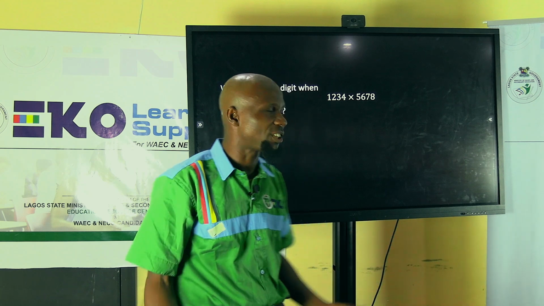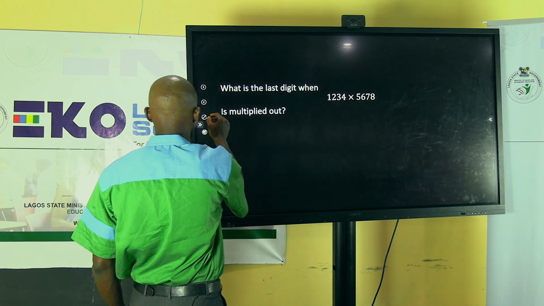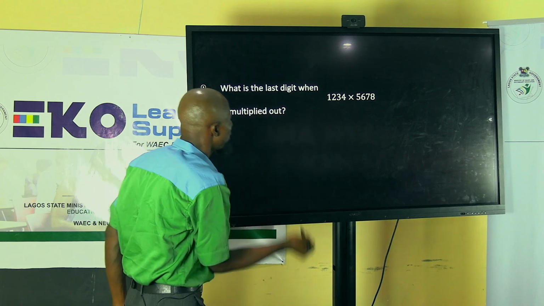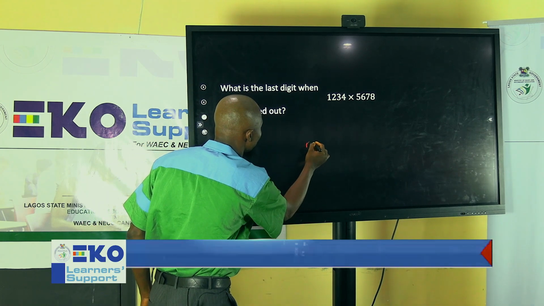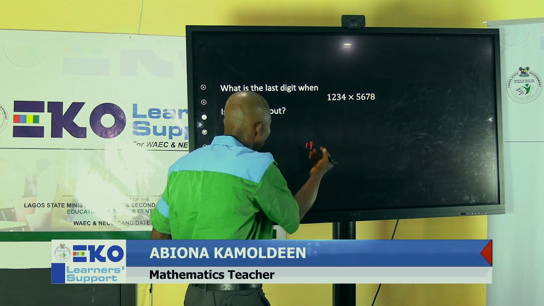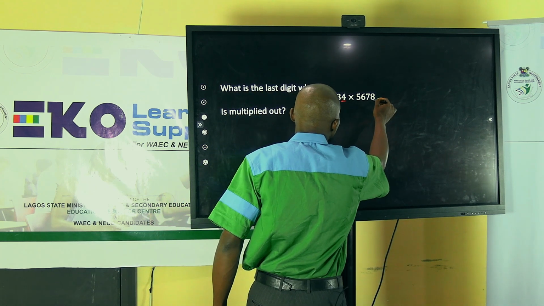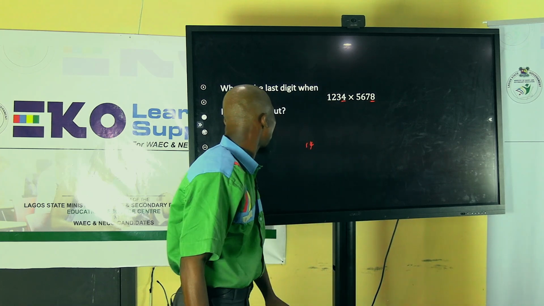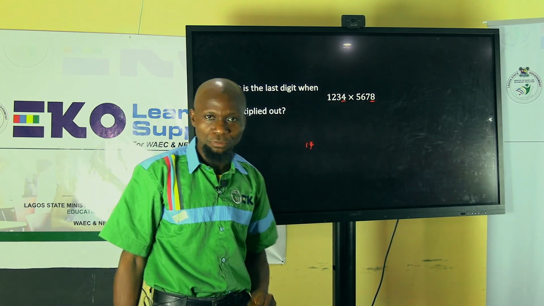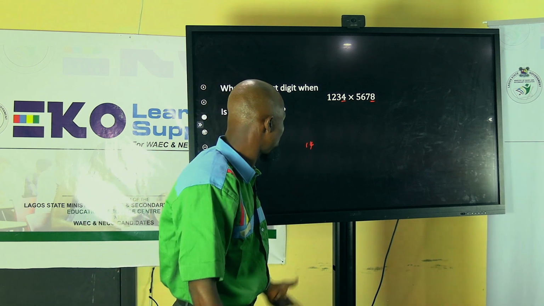If I need the last digit in 14, for example, the last digit is 4. So in this case too, the last digit here is 4. The last digit here is 8. And when you multiply it out, you also get the last digit.